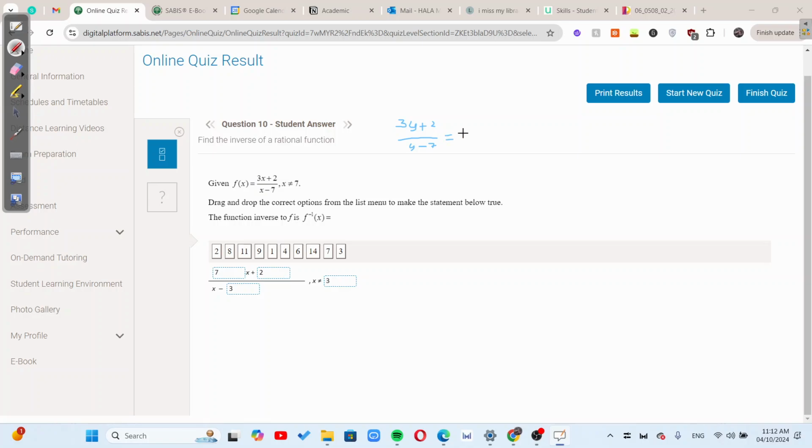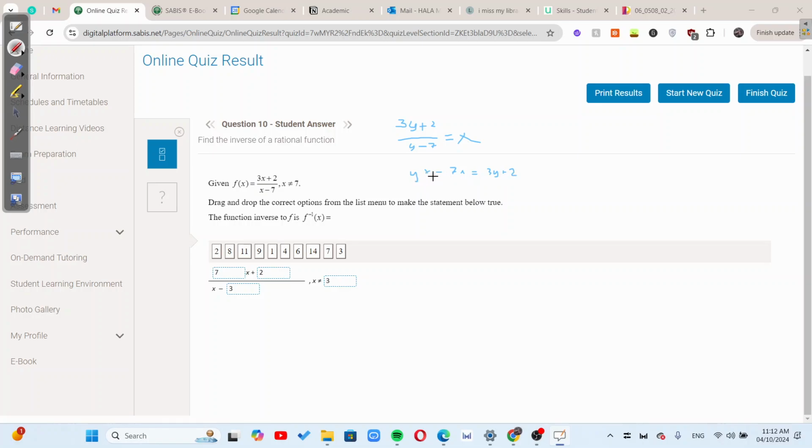equals x. So now you're gonna do cross multiply. So yx minus 7x equals 3y plus 2.